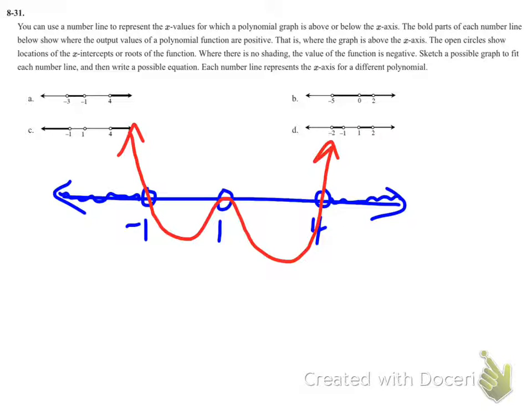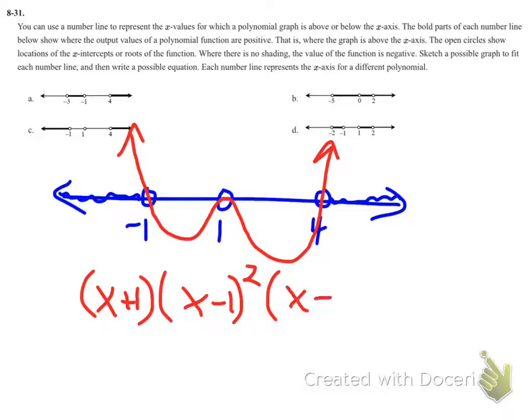So similar to the last problem, I have something bouncing. My factors are going to be x plus 1. My next factor is going to be x minus 1, and since it bounces, it's squared. And my last one is going to be an x minus 4. Positive orientation, so it's going to stay positive. So there's my equation. And go ahead and do problem D while I set it up.